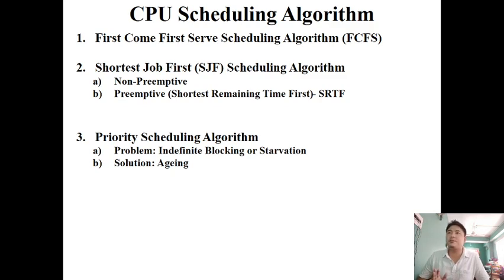Starvation means the process with the least priority will never get a chance to execute, and the solution is that as time progresses, the particular process gains priority in incremental fashion, and it is definite that at some point later it will get a chance to execute its code with the help of the CPU, right?